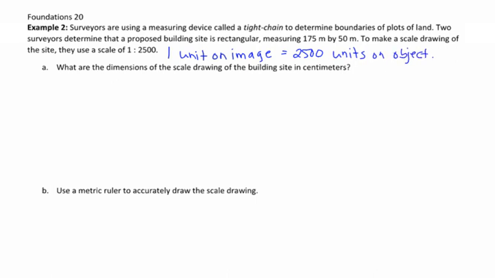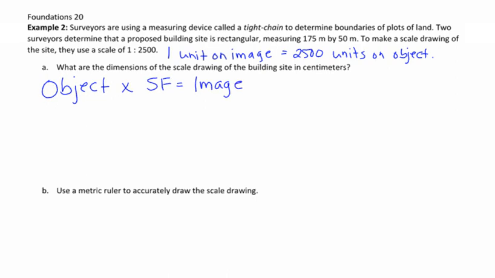So what are the dimensions of the scale drawing of the building site in centimeters? So if my object in real life is 175 meters, what's it going to be on my actual drawing? Object times your scale factor equals your image is the formula we're going to use here.